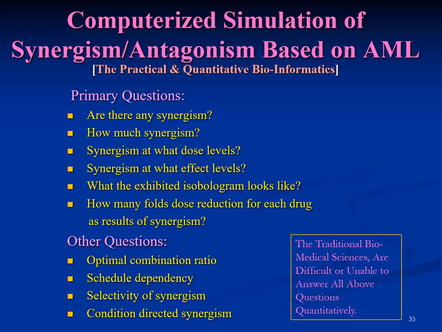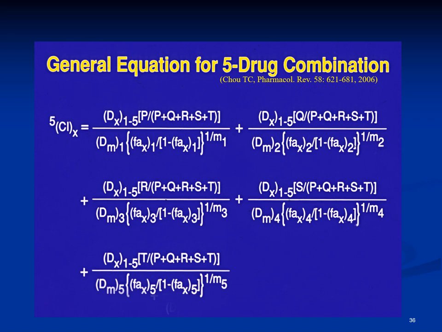The contraction isobologram helps finding the best combination ratio and the best sequence of drug combination regimens. Theoretically, the CI value for n-drug combination has been developed, but practically hard to do such a big experiment.